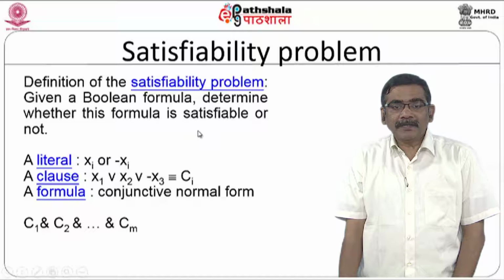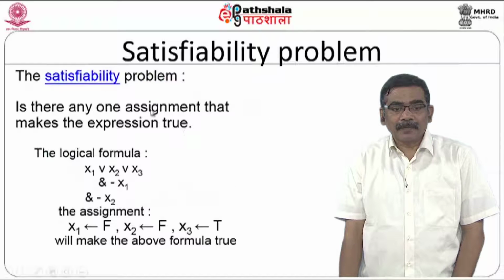So, the logic of circuit satisfiability can be extended to satisfiability, that is, given a formula of all these variables, can we give any assignment that makes the formula true? This means finding what values I can give to x1, x2, x3 such that this formula becomes true.